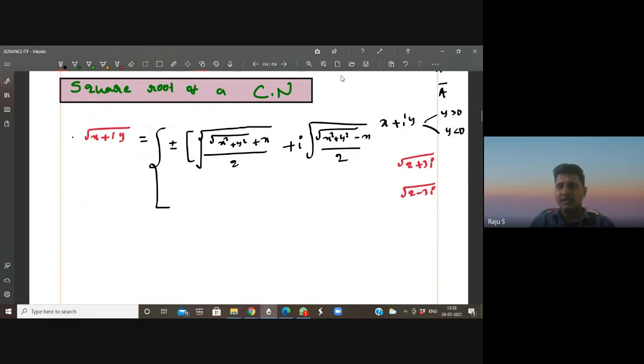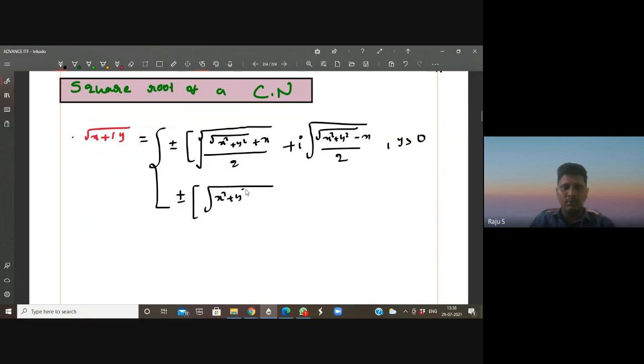When y is less than 0, it is plus or minus [square root of (square root of x square plus y square, plus x) by 2, minus iota times the same value, square root of (square root of x square plus y square, minus x) all divided by 2].